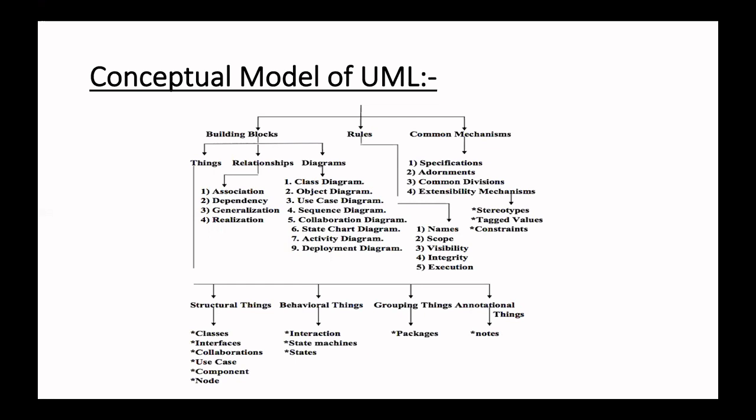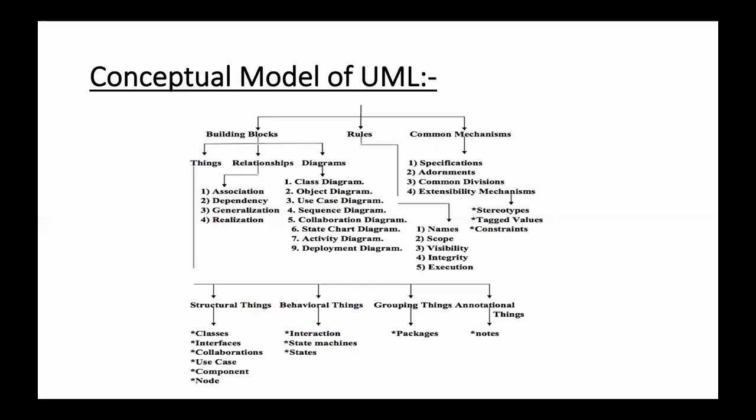As UML describes the real-time system, it is very important to make a conceptual model and then proceed gradually. The conceptual model of UML can be mastered by learning the following three major elements.